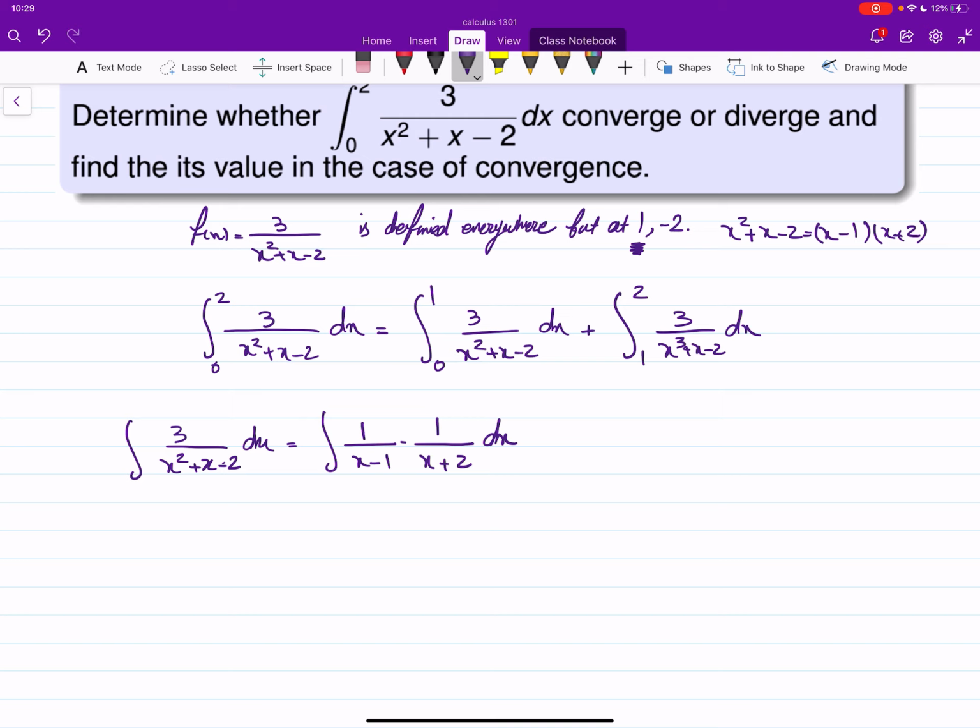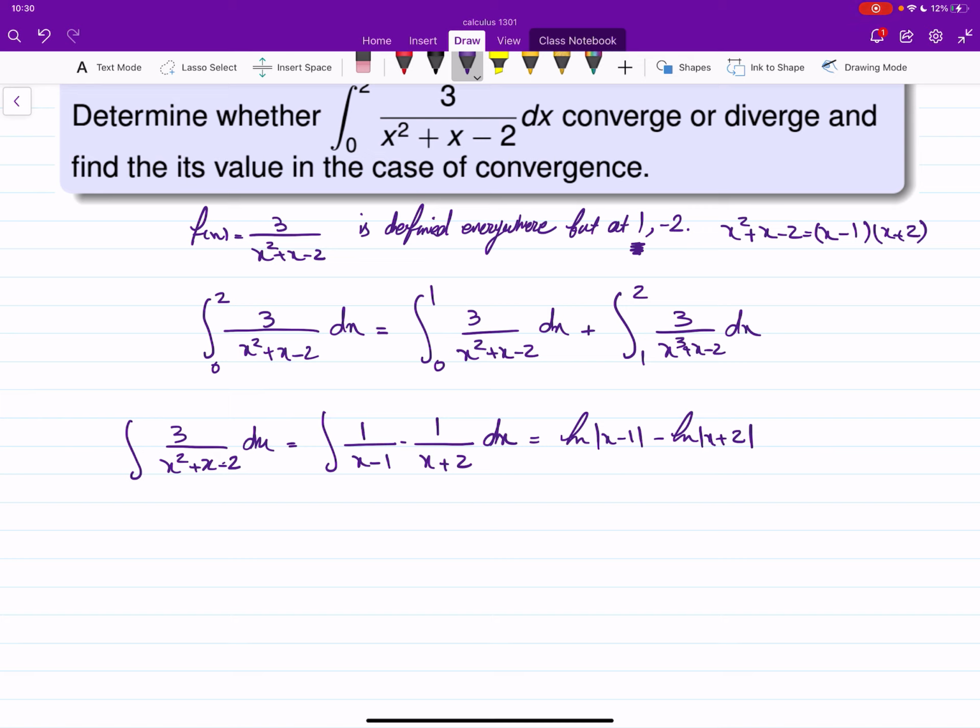I'm doing some of this in my mind without writing it down, but you know partial fractions. This gives us ln of absolute value of x minus 1 minus ln of absolute value of x plus 2.